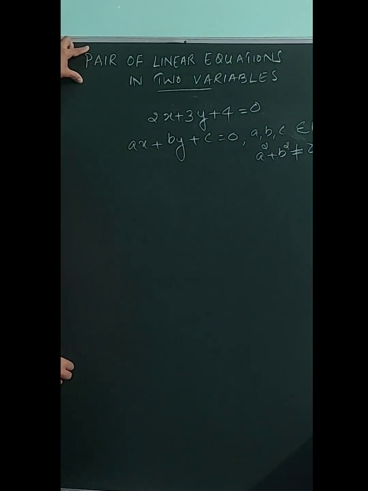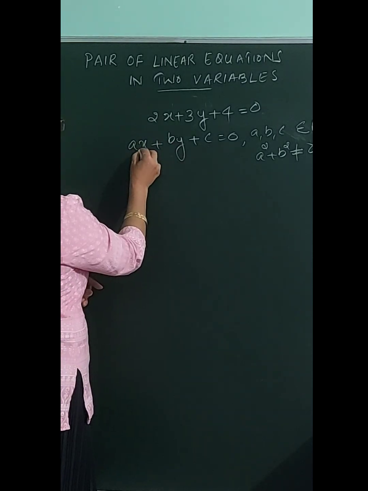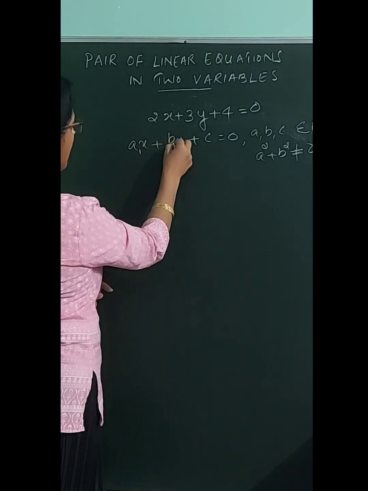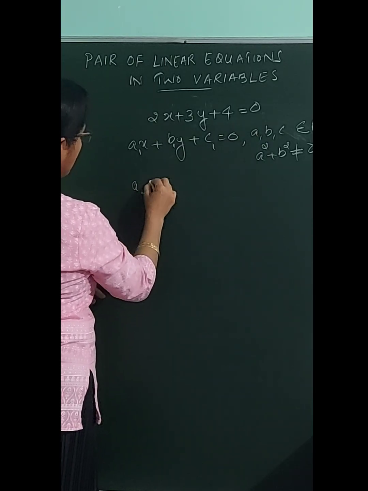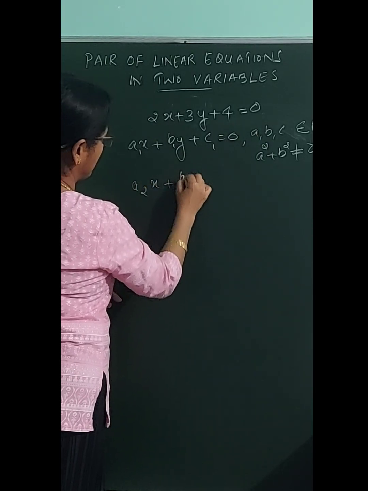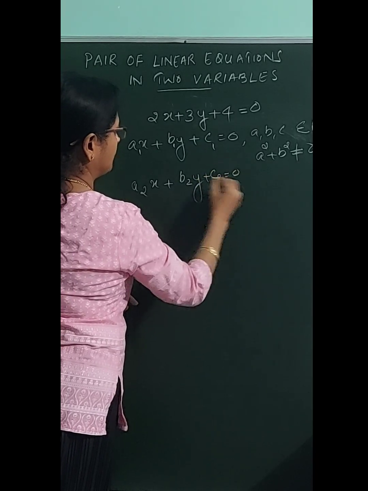Now, to discuss the pair of linear equations, we need two equations. So, let us name the constants a1, b1, c1 for the first equation, and for the second equation, let it be a2x plus b2y plus c2 is equal to 0.